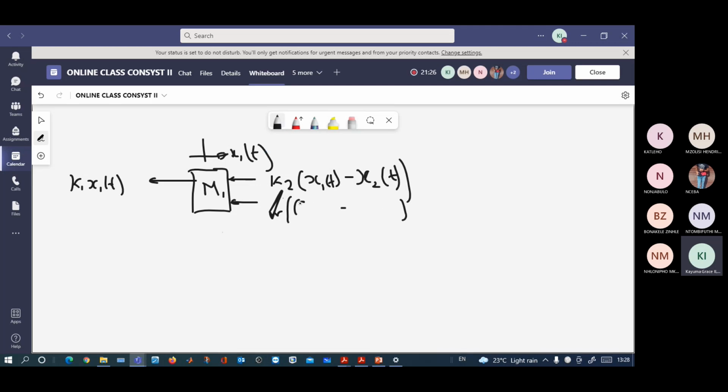It's d, because we are in the viscous damper, d x1 of t over dt minus d x2 of t over dt. Okay, so this is the force acting on this side.